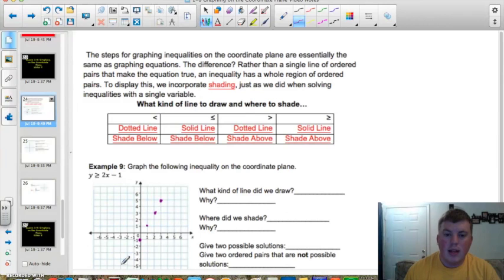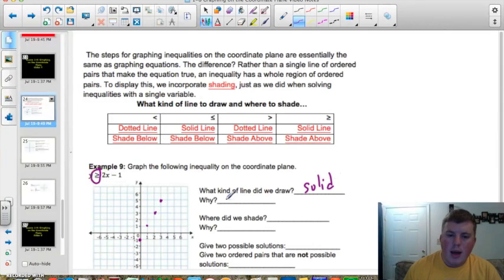What we need to look at now is what kind of line we're going to draw. We don't want to just go ahead and draw a solid line. We need to think about what this is going to be. If I look at my symbol, it's going to be a greater than or equal to sign. So if we go back to that chart, that means we're going to have a solid line.